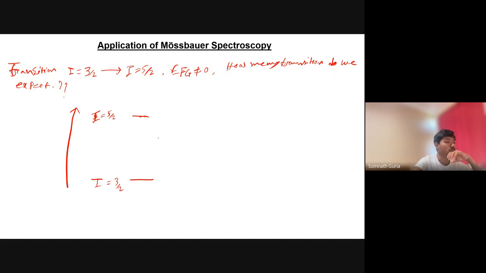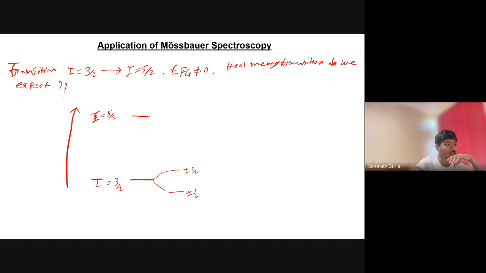As EFG is not equal to 0, this 3 by 2 level will split into 2, as we know, plus minus half and plus minus 3 by 2.